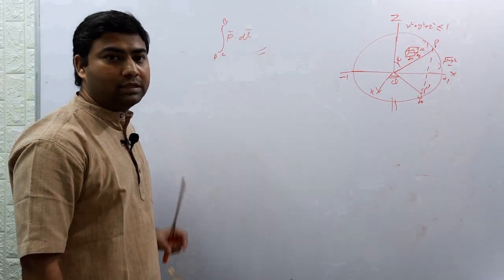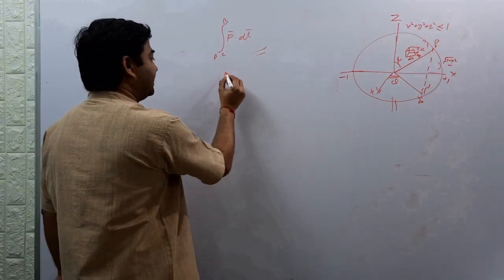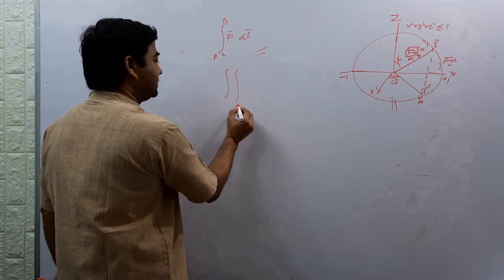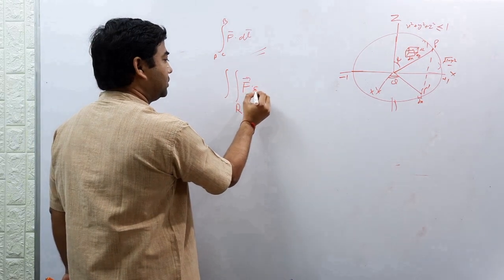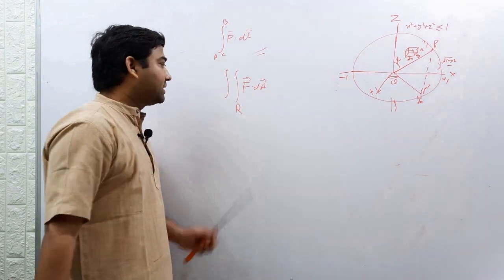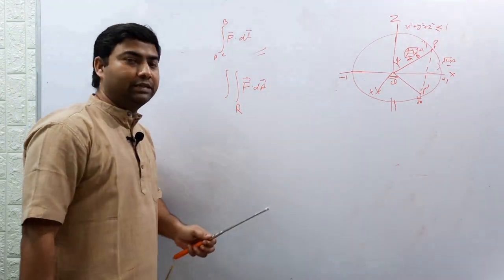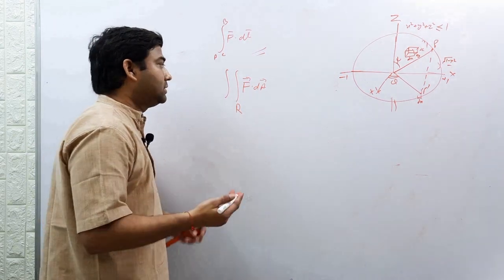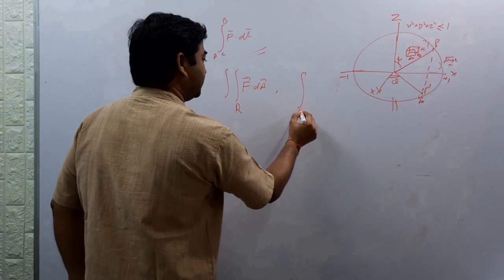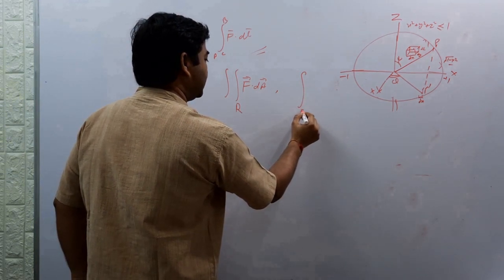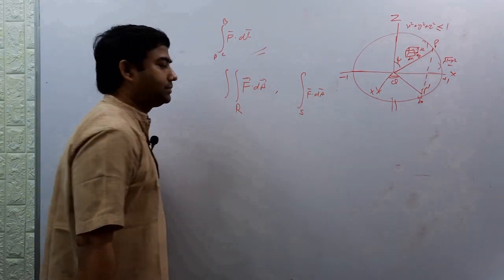And surface integration is written as, for a region R, integral of F dot dA. This surface integration, we have also found, the problem of flow, with the help of single integration. This is just the representation. And this can also be represented sometimes with a single integral over a surface of F dot dA.